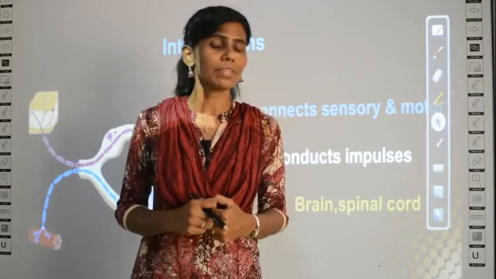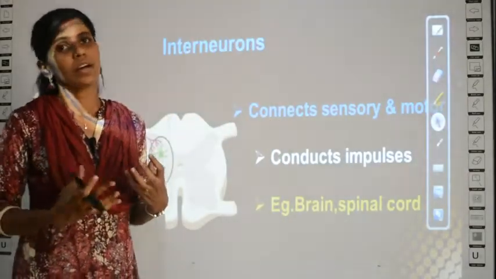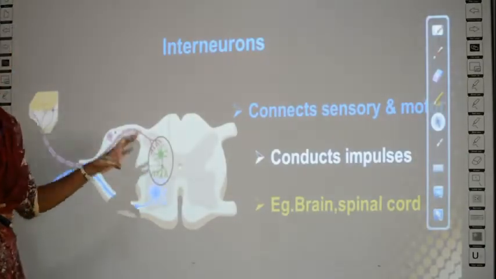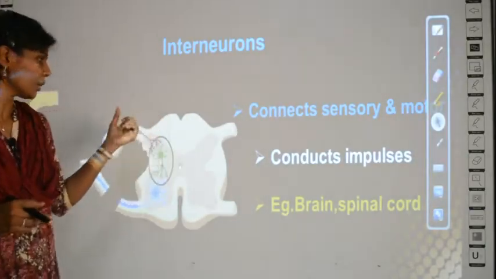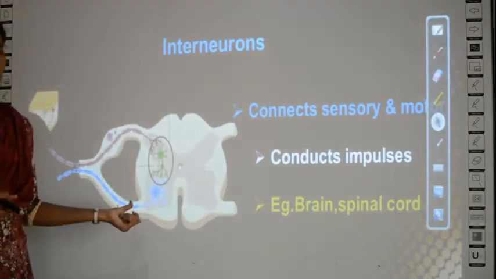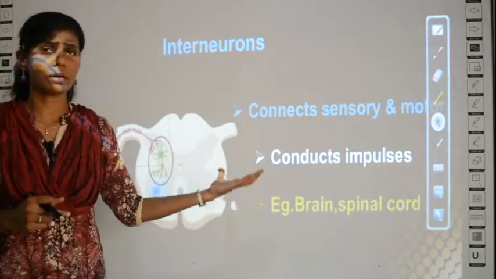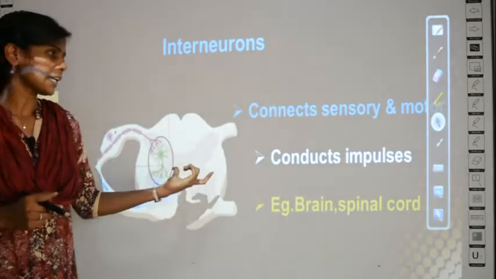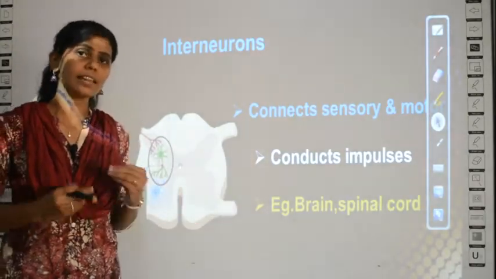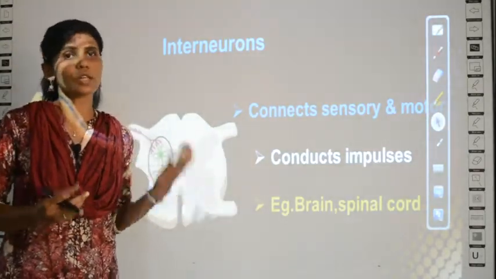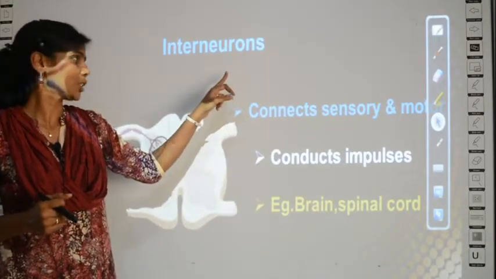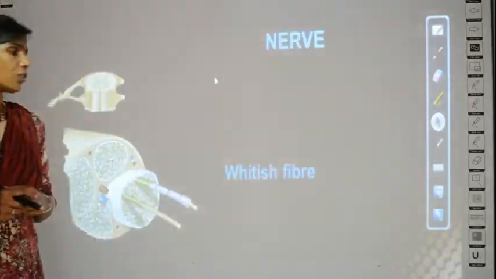So, what have we studied about interneurons? They do not have as many functions as the sensory and motor neurons, but are just a connecting agent between them. You can find them in the brain and in the spinal cord, and they also conduct electrical messages. So, this is about interneurons.